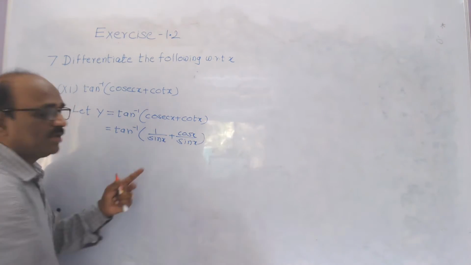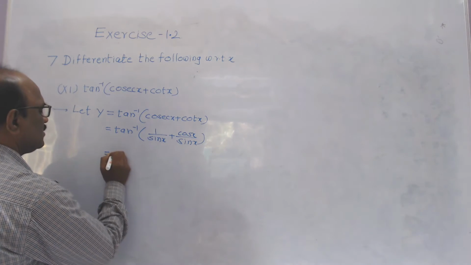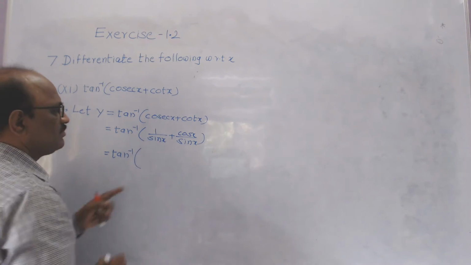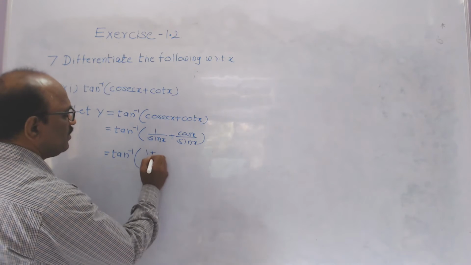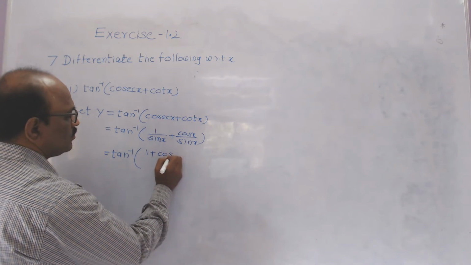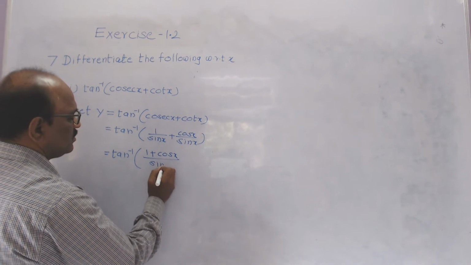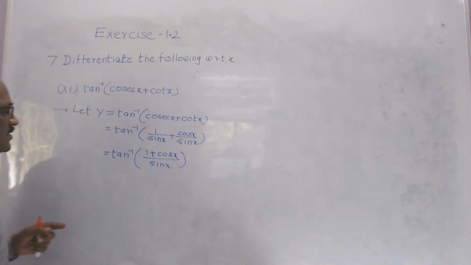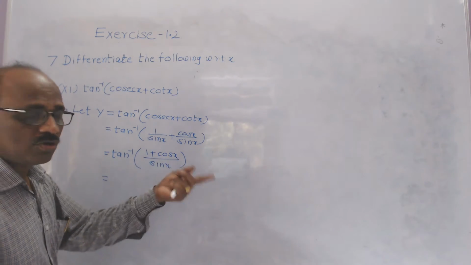Both of them have the same denominator, and that is tan inverse of, in bracket, the same denominator, therefore we will write here 1 plus cos x upon sin x. Again the formula: 1 plus cos a is equals to 2 cos square a by 2.